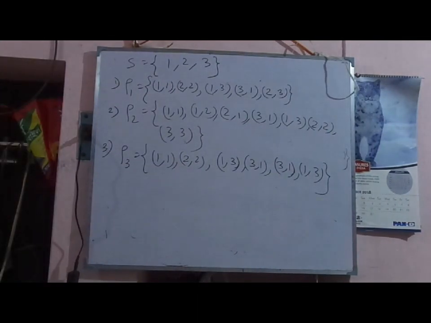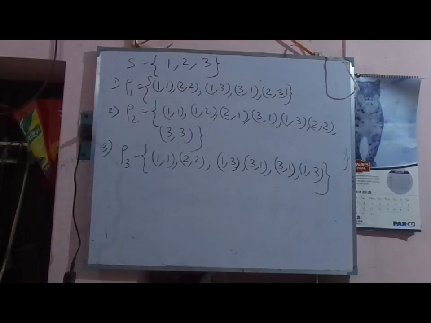Here I give 3 examples. Now we have to check whether these relations are reflexive, symmetric or transitive. If the relations are reflexive, symmetric and transitive, then the relation must be an equivalence relation.